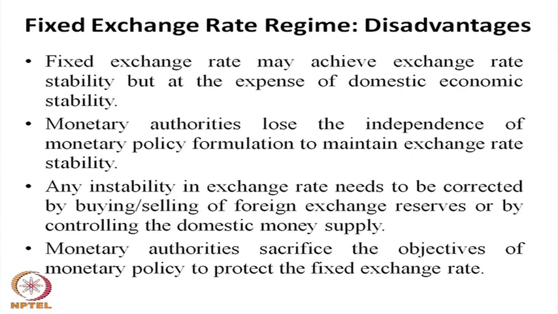It is not possible to control the exchange rate, money supply, and at the same time interest rate continuously to maintain stability in the exchange rate, because these three are interdependent, and there is what is called the dilemma of the trinity. The economic logic is that it is very difficult to control a fixed exchange rate, an interest rate, and at the same time stability in money supply, because these three are interdependent, and you can only control two at a particular time, you cannot control all three.